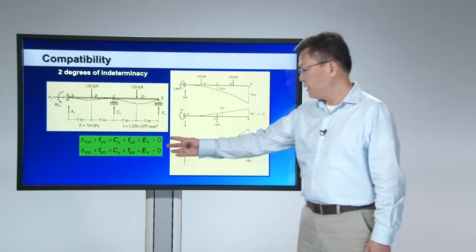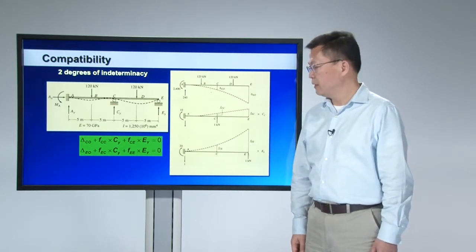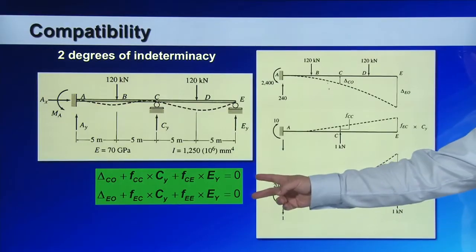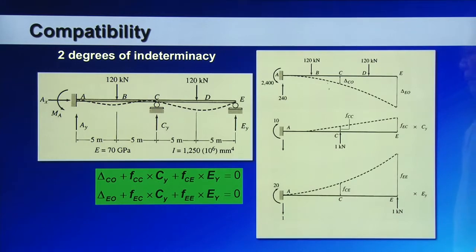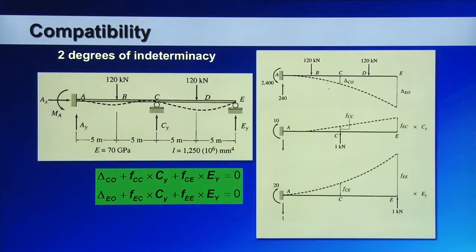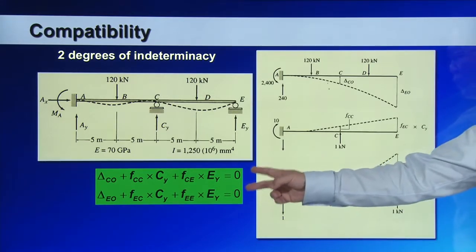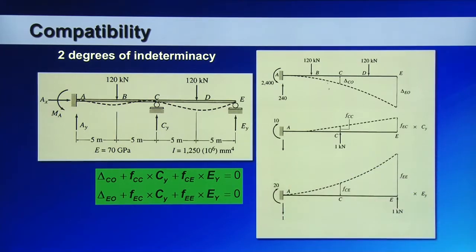Here are the compatibility equations that you can establish. From these 2 compatibility equations, you see that there are 2 unknowns, Cy and Ey. They are the redundant forces that you chose. So you can use the 2 simultaneous equations to solve for these 2 redundant forces.